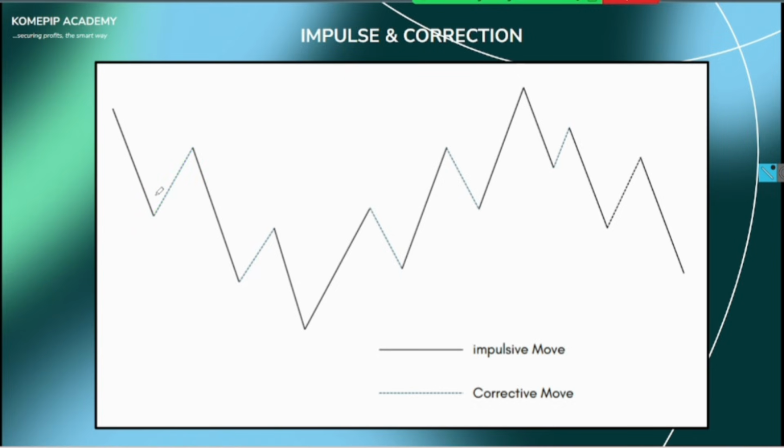Usually this is how the corrective move works. It moves like this, into probably a key level here, and pushes down, breaks structure, probably takes an inducement here, and does something like this, mitigating a key level, the same thing. So this is exactly what we mean by impulsive and corrective move.